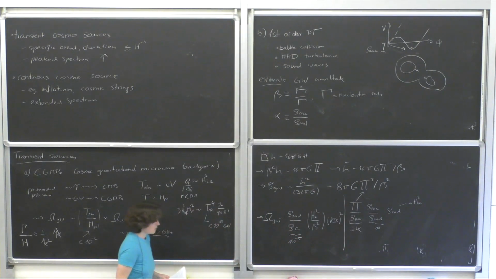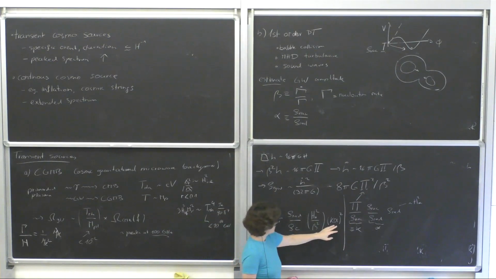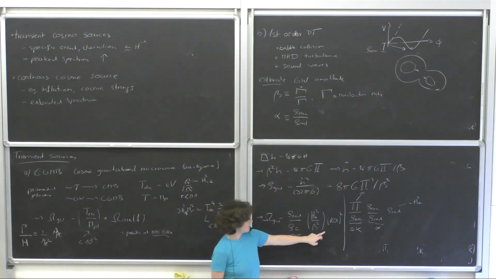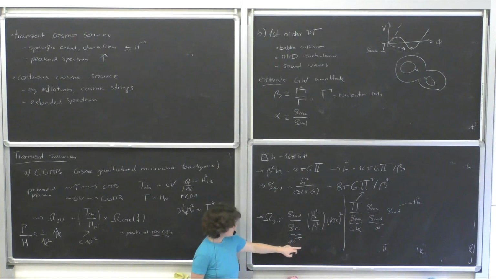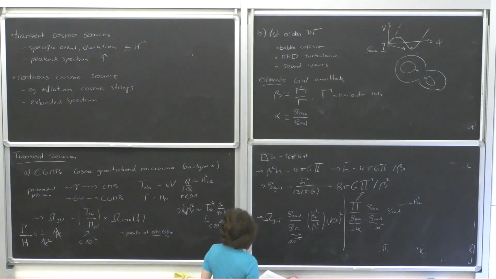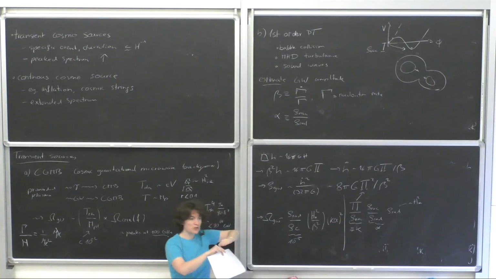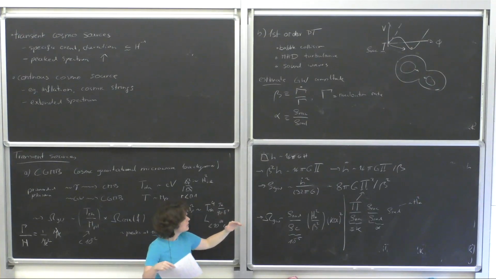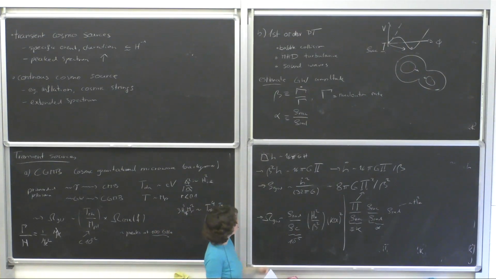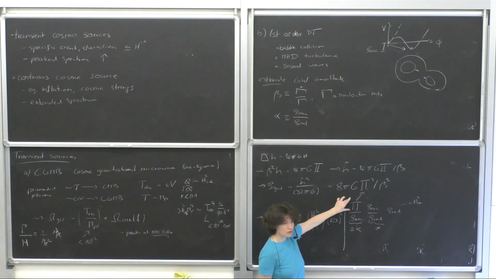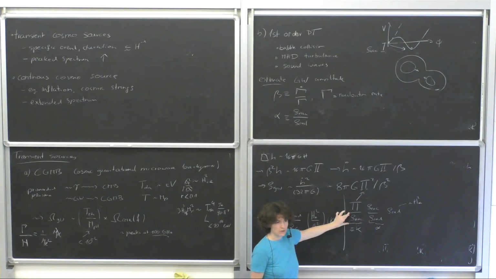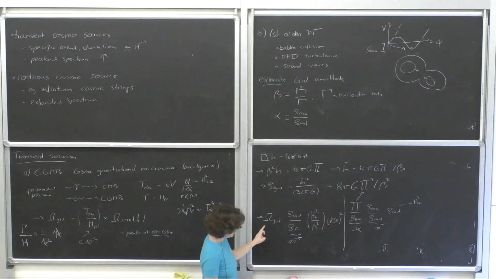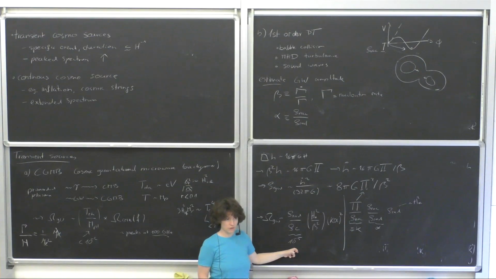Okay, so what does this tell you? If you have a phase transition which is sufficiently slow, so that this can be order 1, and sufficiently violent, in the sense that alpha, which tells you how much latent heat you have compared to the ambient temperature, can also be close to order 1, and sufficiently anisotropic, which means that the anisotropic part of the energy momentum tensor is comparable to the isotropic part, then you can really get an amplitude of order 10 to minus 5, which is above the BBN bound.